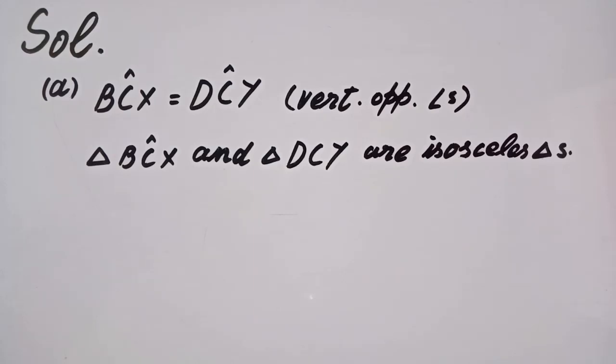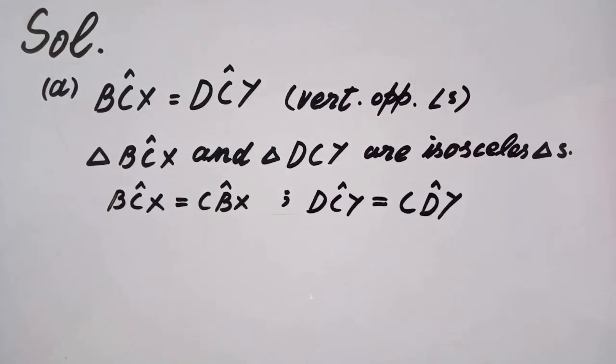Now we see that the triangle BCX and the triangle DCY are isosceles triangles. In the triangle BCX, angle BCX is equal to the angle CBX, and in the triangle DCY, angle DCY is equal to the angle CDY.